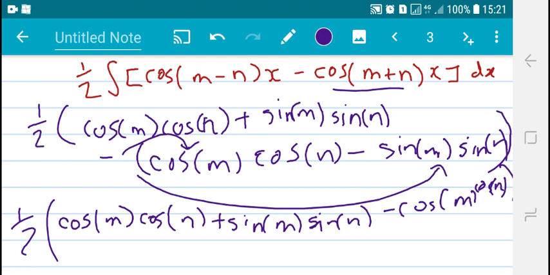And now negative plus negative, so it should be positive, right? Because these two negative signs should cancel. So it should be positive.